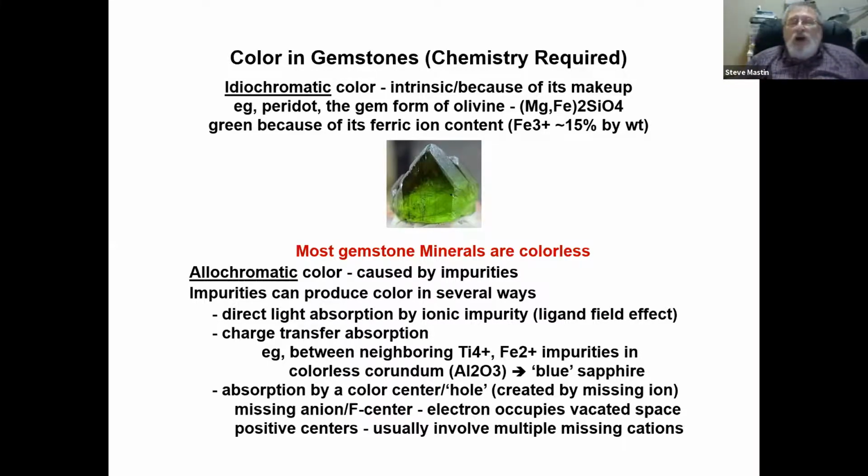Pretty exotic process, and you can see why blue sapphires are rare, because not only do you have to have 2 impurities, those 2 impurities have to be right next to each other as defects in the crystal as it grows. And a good sapphire has to have uniform color across the whole gem.